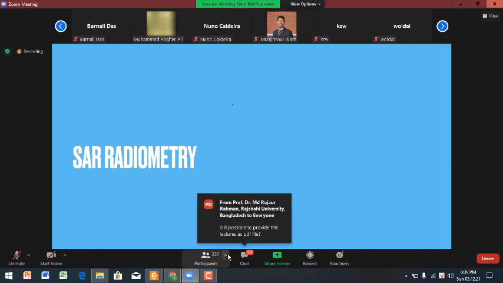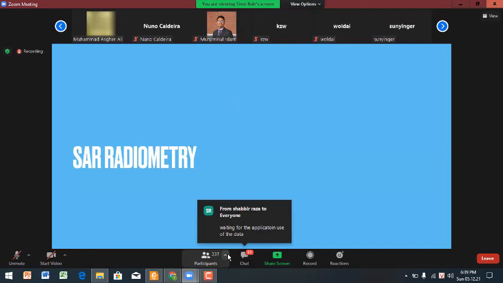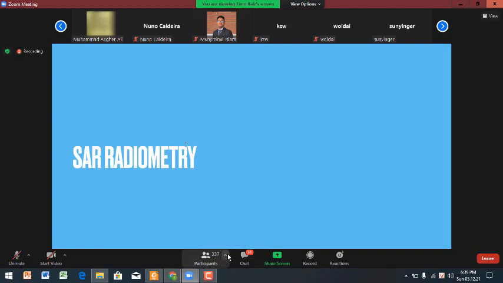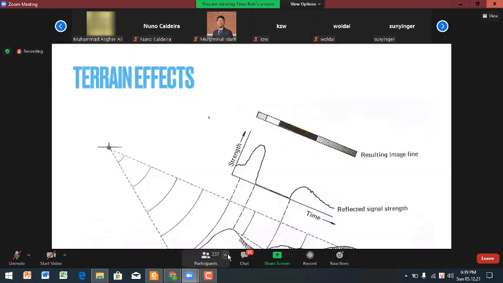All right, so let's talk a bit about the radiometry. We talked a bit about the geometry. Let's talk about radiometry. So why is a pixel white and why is another pixel black? This is basically what we discuss here. So we have the terrain effect.